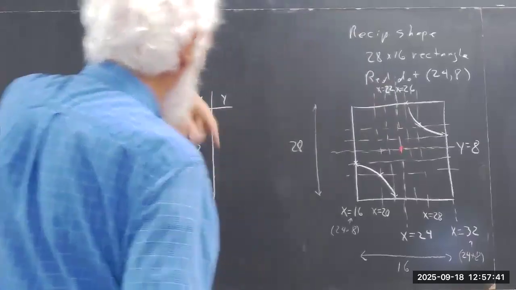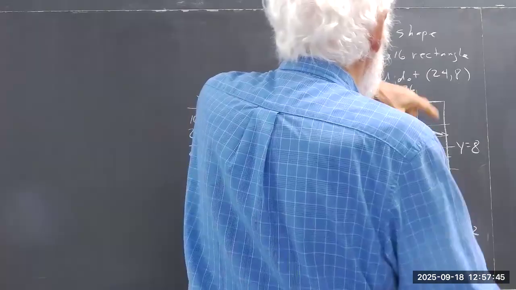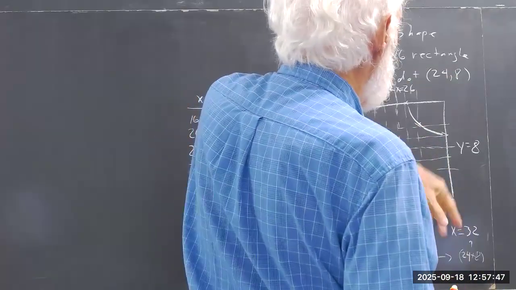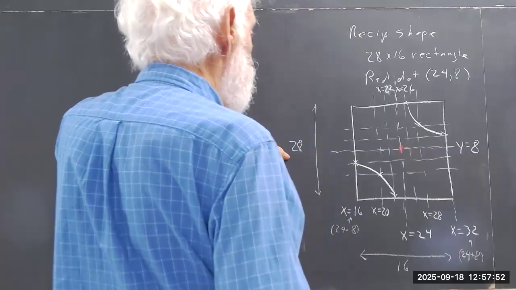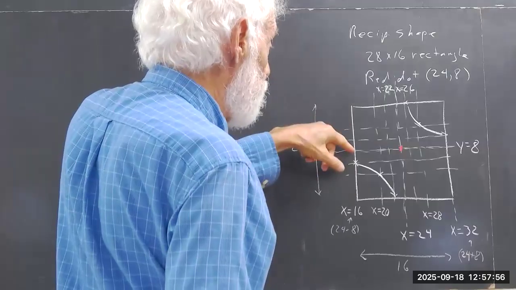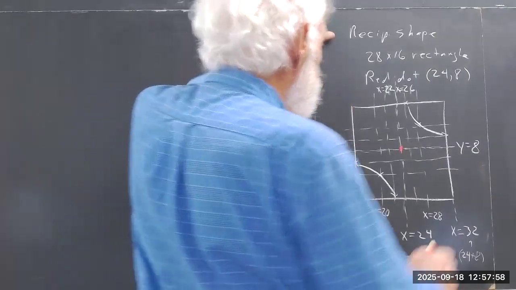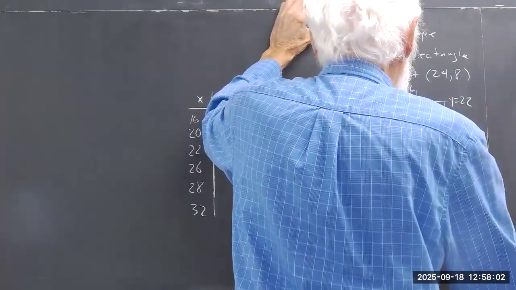We can see them because we've labeled them. The y coordinates, well, I haven't labeled the y's, but this thing is supposed to be 28 units high. So it's 14 units from the middle to either edge. So we add 14 to 8 and we get y equals 22.